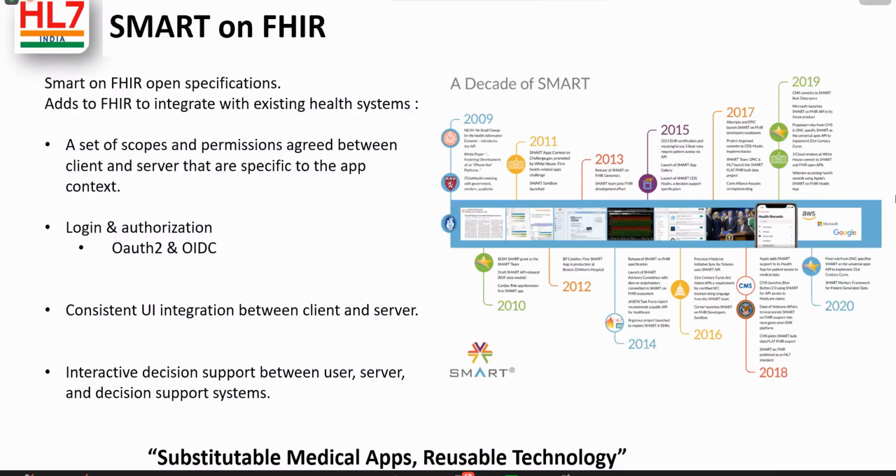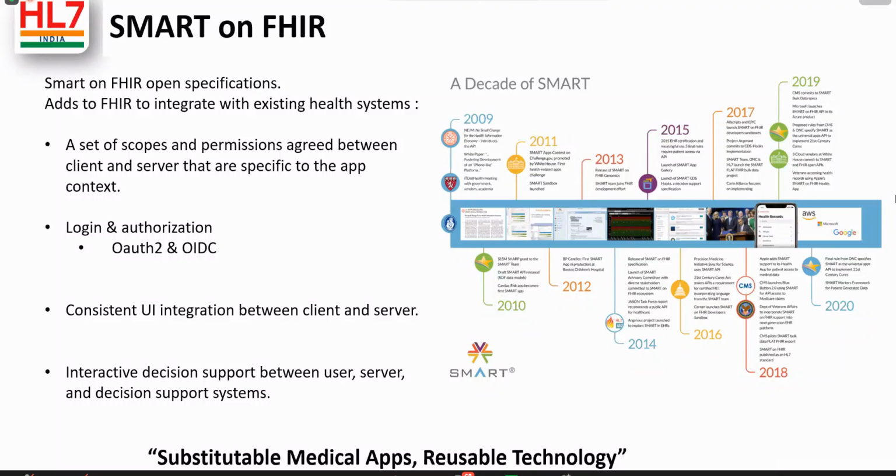And then it also gives you a guideline about how the consistent integration of the UI can happen, right? So in short, FHIR gives you the APIs and the data, and the operations, and Smart provides you the integration mechanism and the security and authentication, authorization, and the scope launch mechanisms, right? Together combined, it becomes a powerful implementation tool.